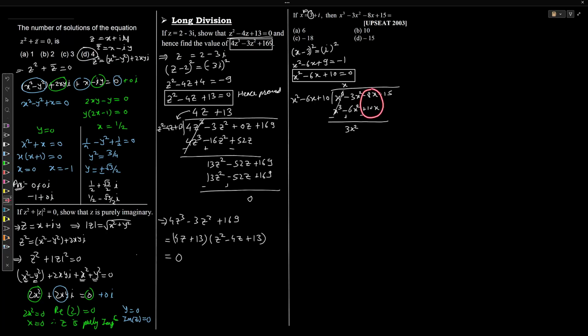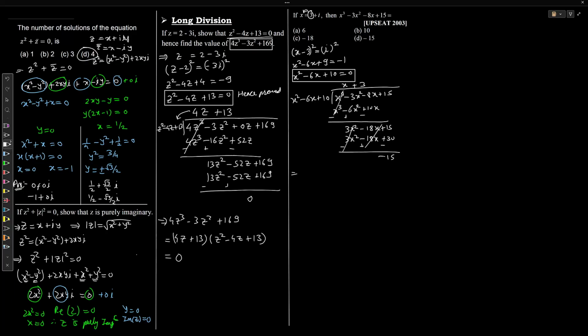Then here minus 18x and plus 50. Multiply 3. So 3x square minus 18x plus 30. Change the sign. 3x square and 18x will be cancelled out. Then we get 20.